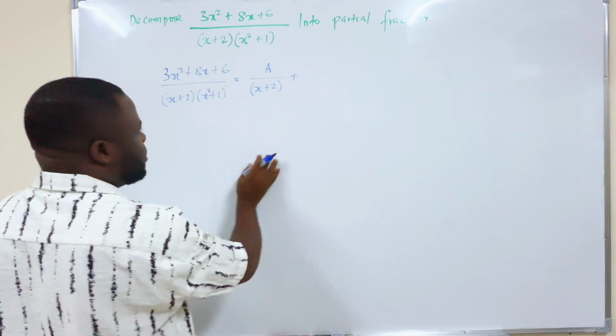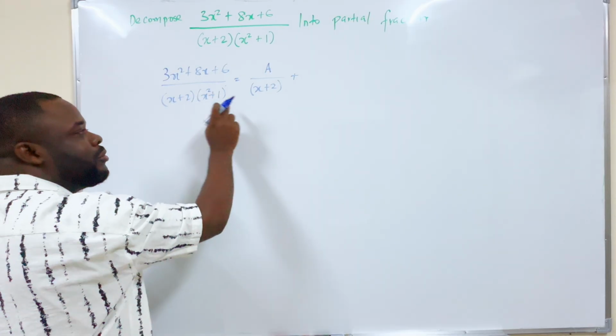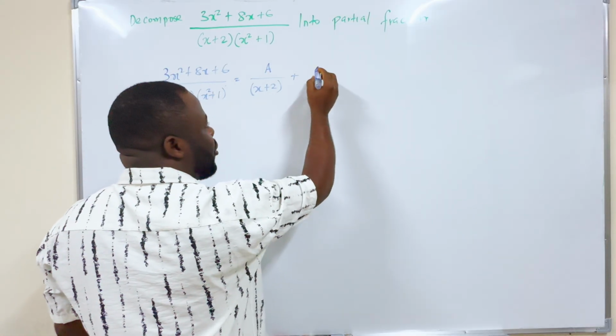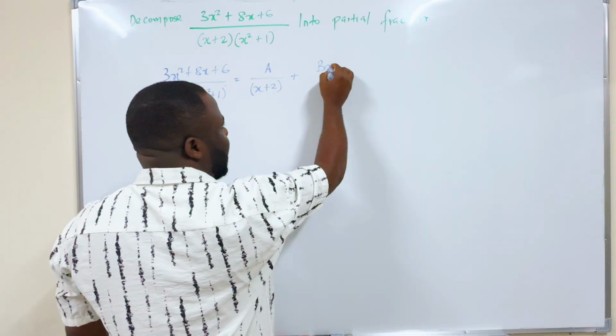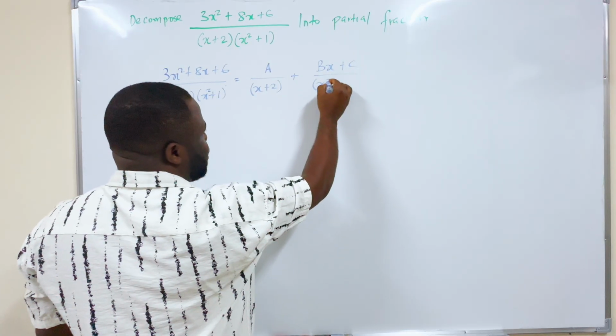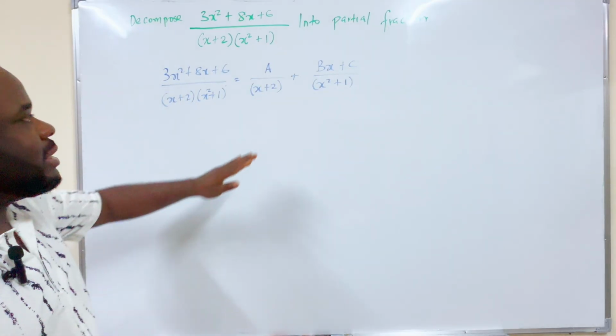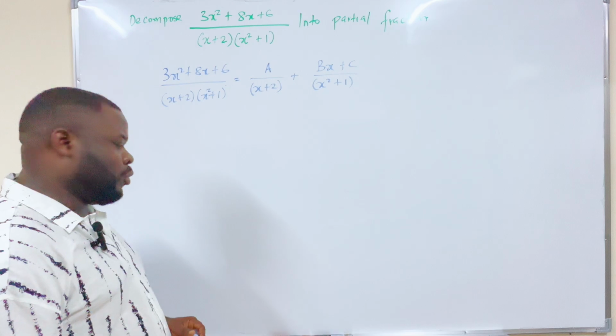Then plus, because the other factor is x squared plus 1, our numerator will be Bx + C over x^2 + 1. That is what this is going to look like.